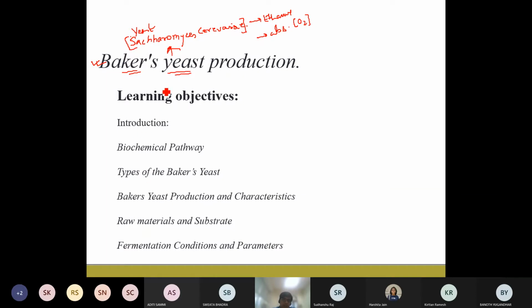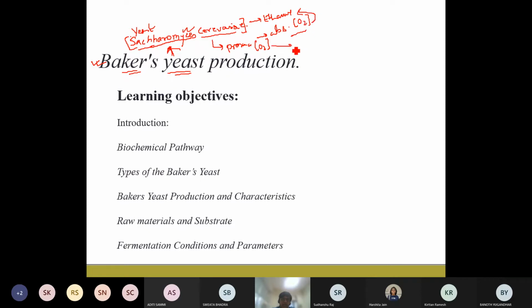In subsequent classes, we will see how we can produce a higher concentration of Saccharomyces cerevisiae, and in this case, in the presence of oxygen.